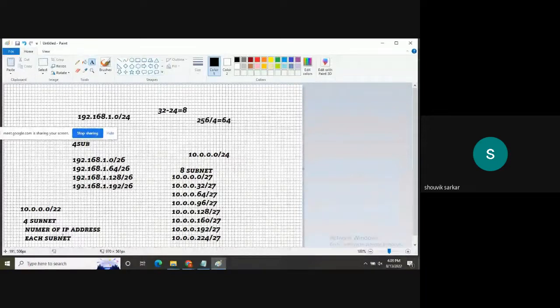If it is a 22 slash notation, the possible IP addresses are 32 minus 22, that is 2 to the power 10. And we want to divide into 4 subnets. So 2 to the power 10 by 2 to the power 2 means 2 to the power 8, right? So 2 to the power 8 means 256. Clear or not? May I explain it again?